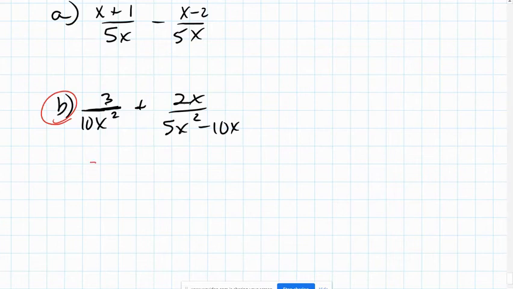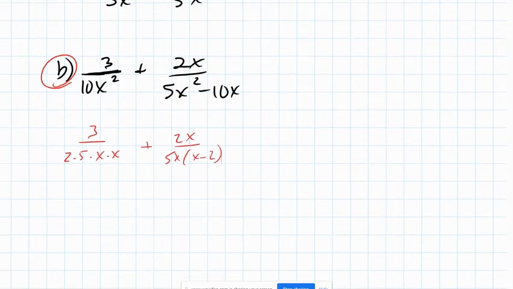So the first expression factored is 2 times 5 times x squared, and then this is going to be 2x, and factor out a 5x times x minus 2. And so from this we can see that our common denominator is going to have 2, 5, x squared, and x minus 2.